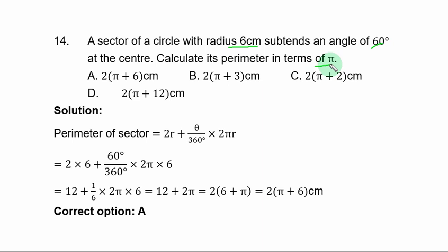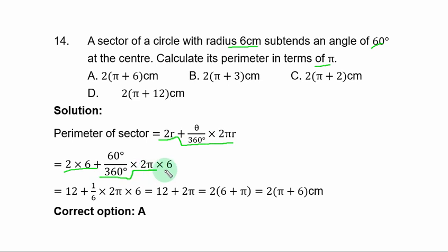Perimeter of a sector is obtained using 2 times radius plus length of arc formula. So radius is 6, so you have 2 times 6 plus the angle subtended is 60 degrees over 360 degrees times 2 pi. Now you don't replace pi because pi should be in the answer.